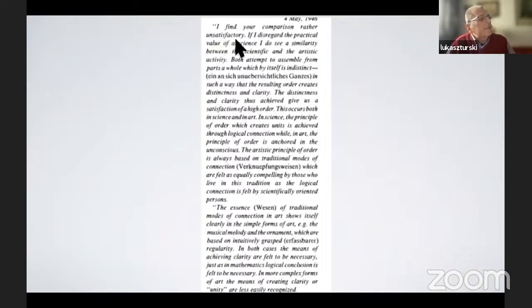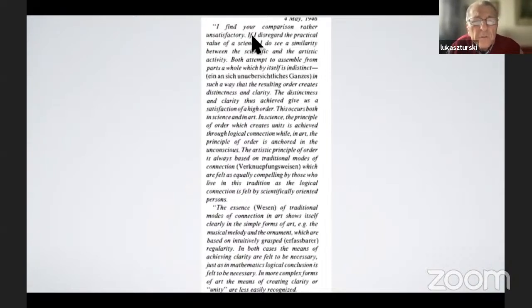And the first sentence refers to the original ideas of Laporte about the relation of relativity and cubism, and his understanding of what the relativity theory was all about was truly wrong. So the first sentence of Einstein is, "I find your comparison rather unsatisfactory."